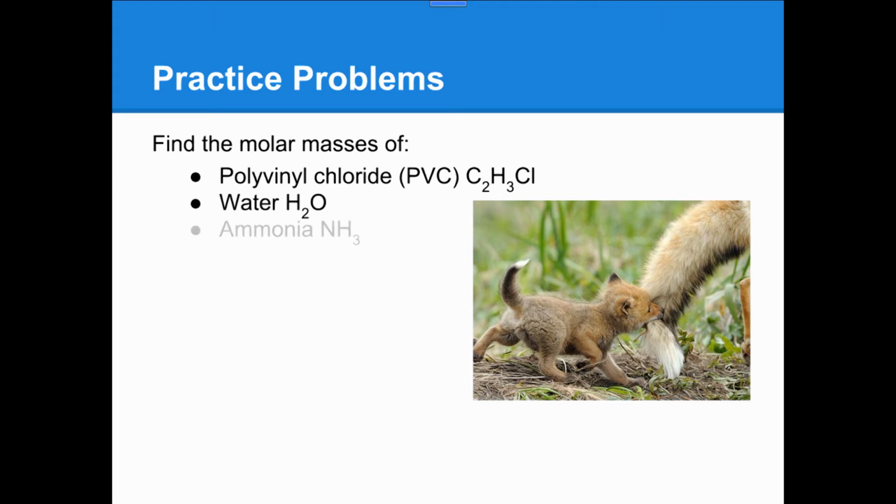Also find it for water, ammonia, propane, and glucose. So if the sub wouldn't mind pausing it right here, I would like for everyone to find the molar masses of each of these compounds.